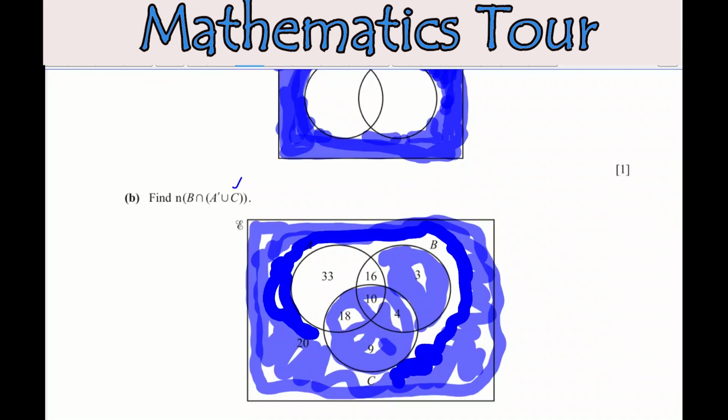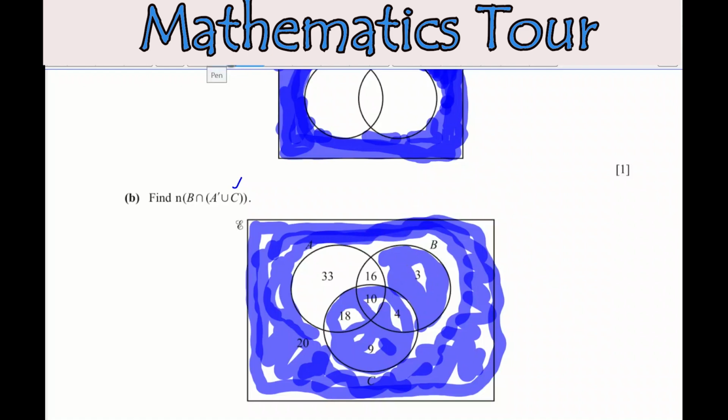So that is A complement, regions that are not in A. What I have now is A complement union C. So the shaded region is A complement union C.